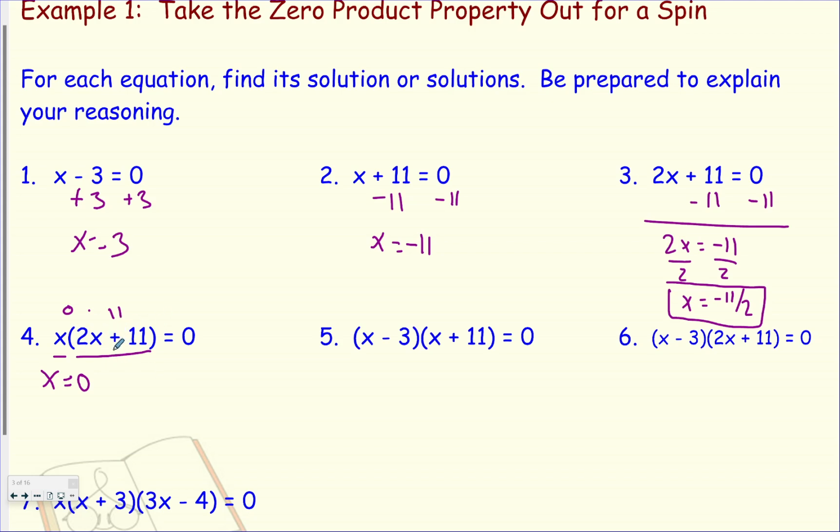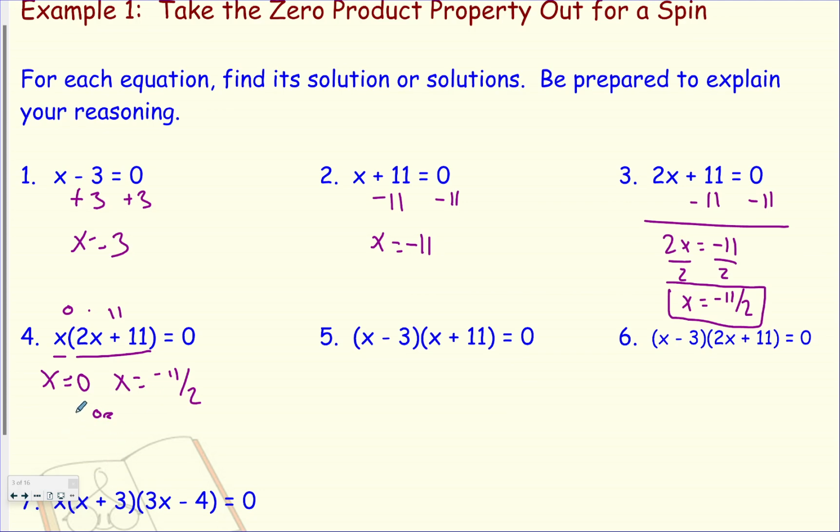But when I look at this factor over here, this is the same 2x plus 11 that I had before, and its answer will be the same: x equals negative 11 halves. If you remember, we did this last unit too, where we took the opposite of the 11 and the opposite of the factor of 2, which is divide by 2. So we have two potential answers here: x equals 0 or x equals negative 11 halves. Either one is correct.